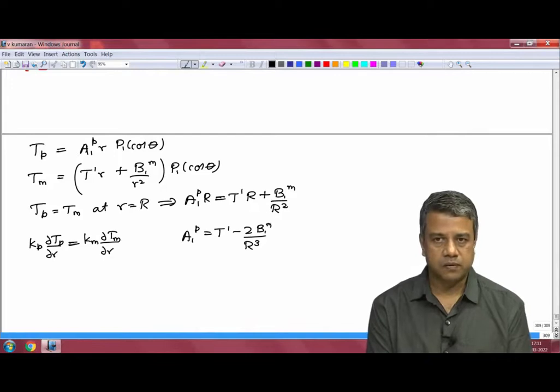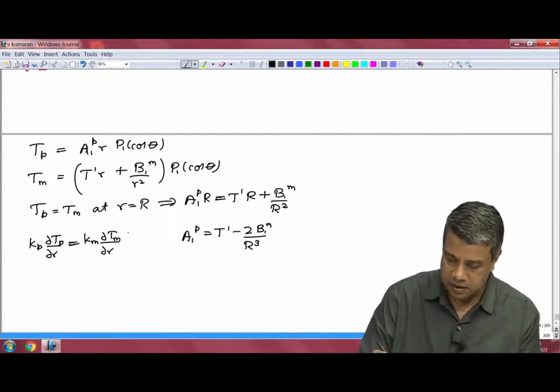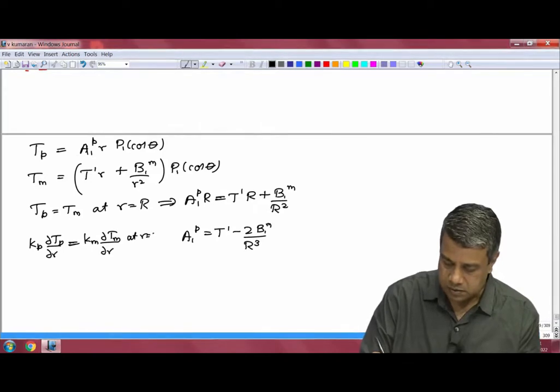Take the derivative of 1 over r square, you get minus 2 by r cubed, evaluated at r is equal to R.